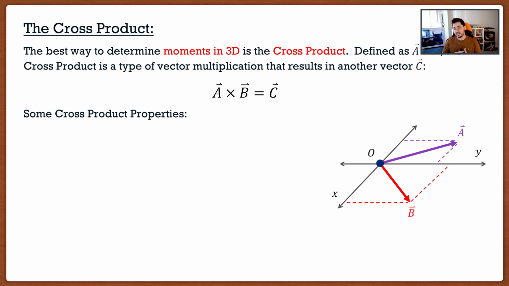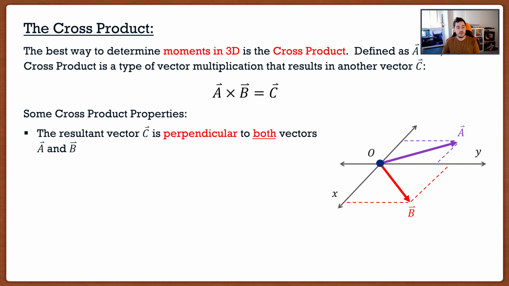The first one is this. Let's say that vector A and vector B are in the XY plane. Now you're saying, Clayton, why are you doing that? Well, it's going to become apparent really quickly. If I take vector A and cross it with vector B, the resultant vector C is going to be perpendicular to both A and B. Your resultant vector, no matter what it is, a force vector, position vector, anything you want, is always going to be perpendicular to the two input vectors.